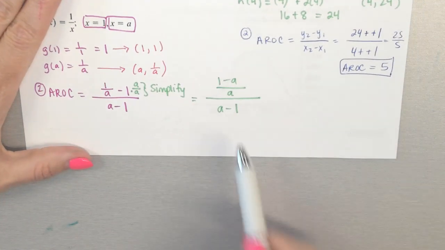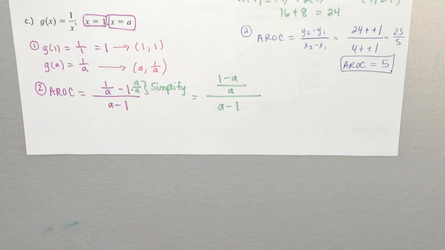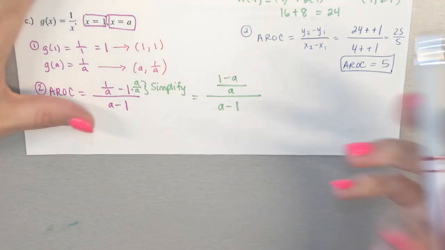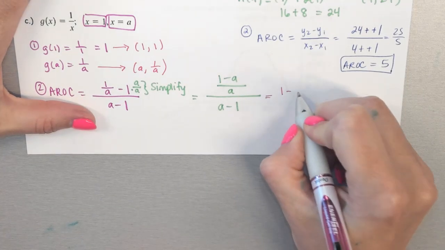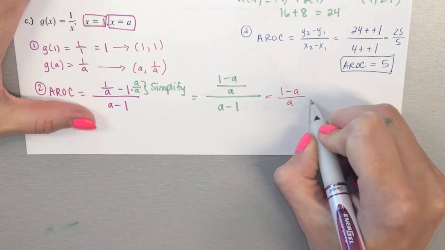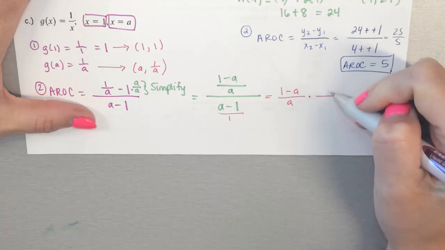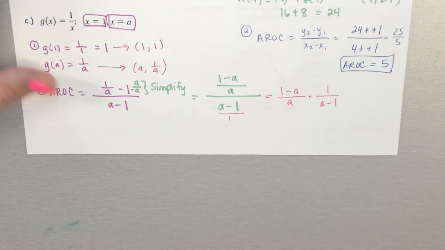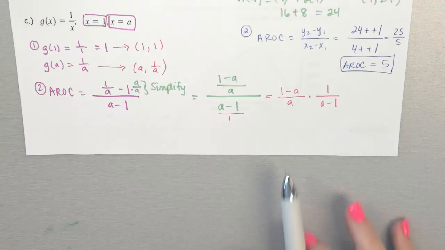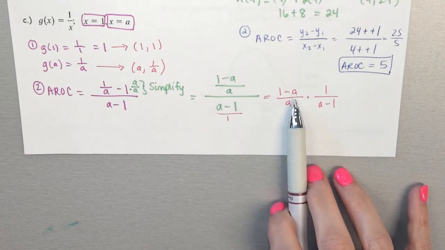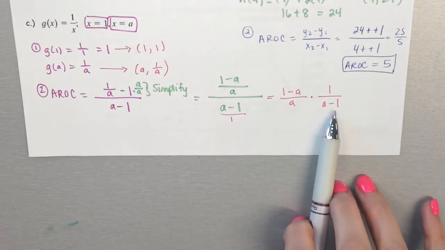So once you have one term divided by another term, you can keep change flip. So if I keep the numerator, I change to multiplication. Remember, this is over 1. So when I flip, I have this. Now if you can cancel anything out, we want to. And we can see here, these are both opposites, negative, positive, positive, negative.